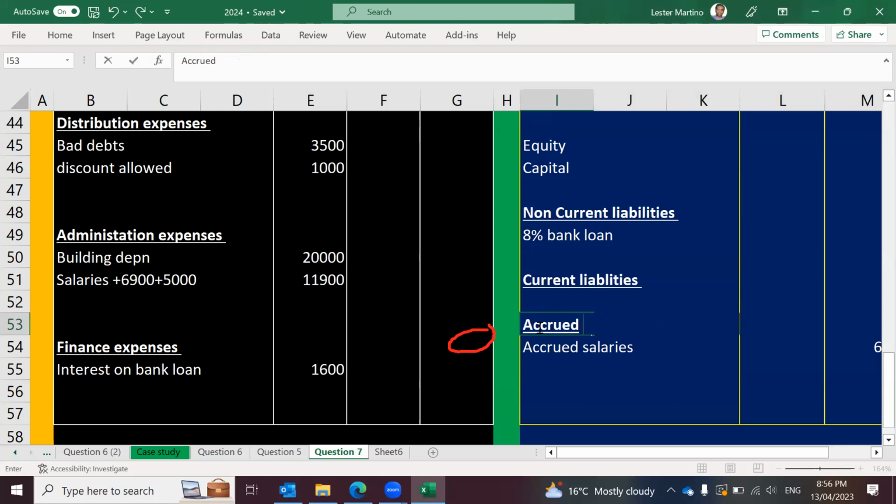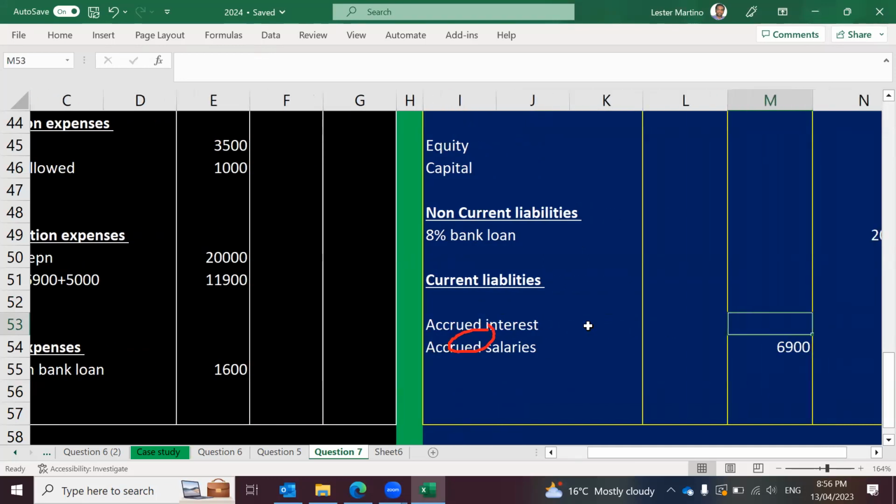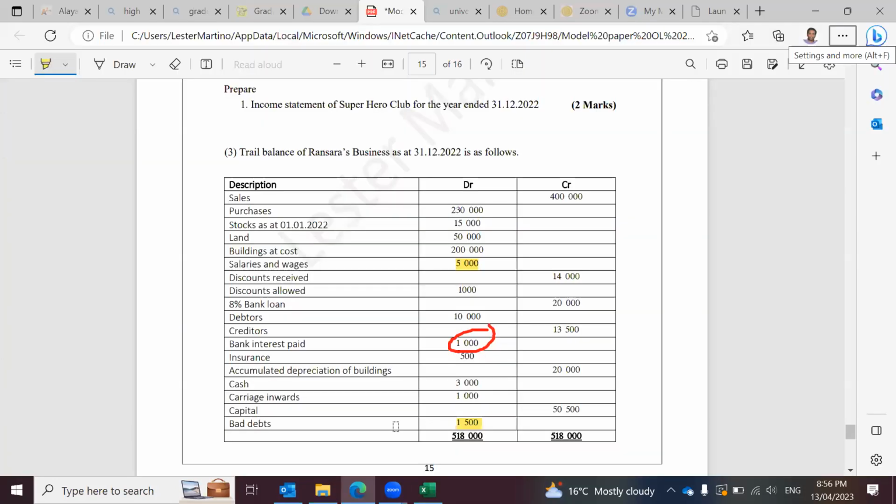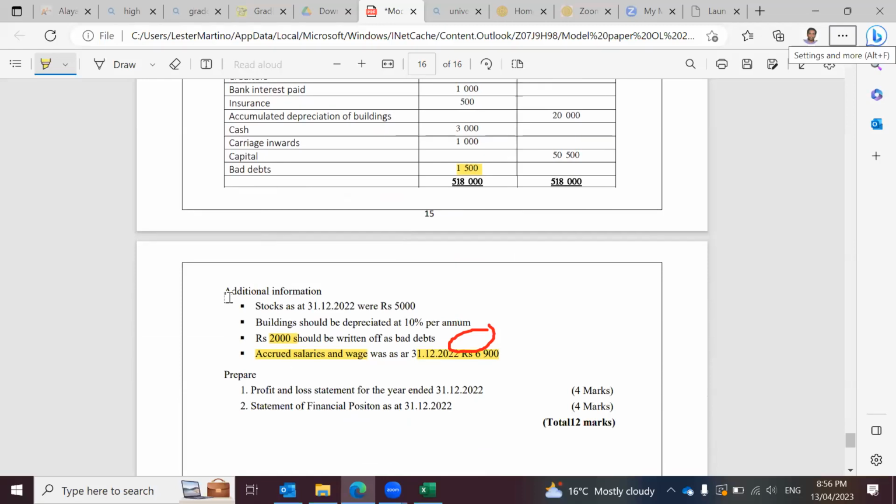That's enough. 600. Is it clear? So this adjustment is an implied adjustment. It's not given in the section as additional information.